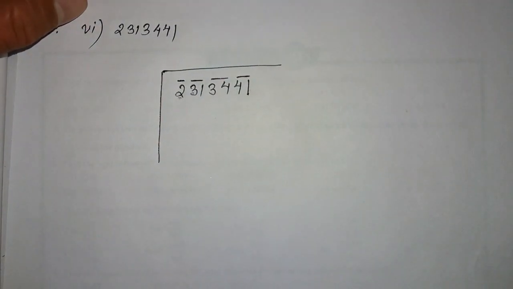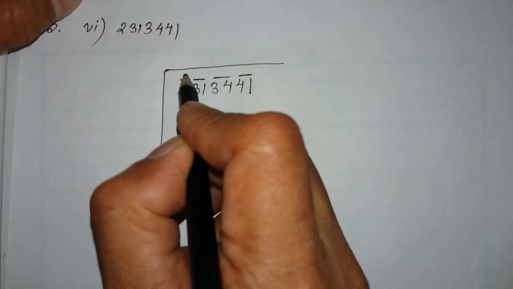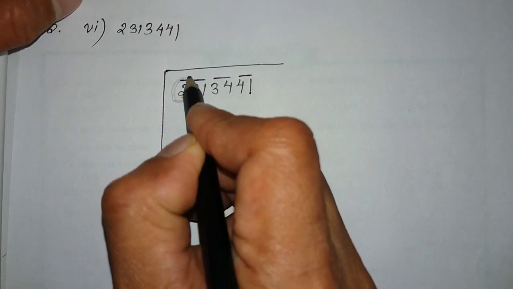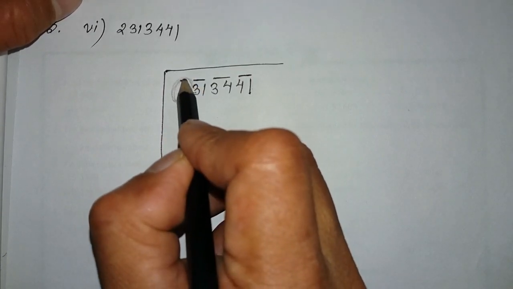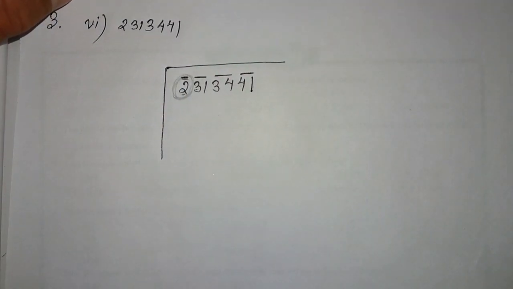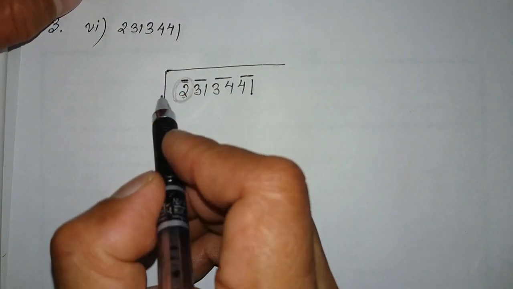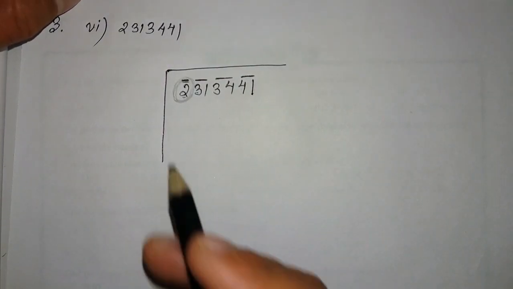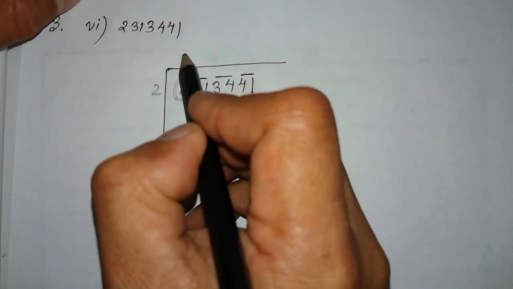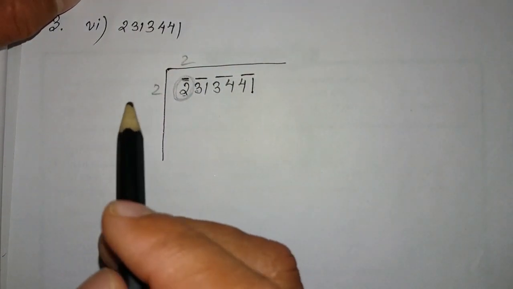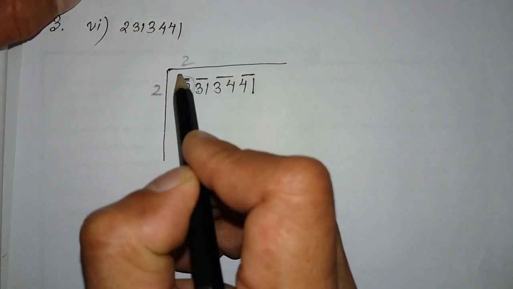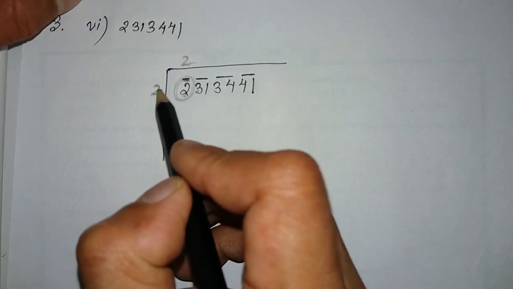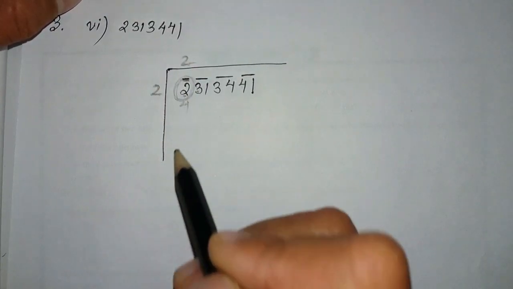Now in the next step, you will consider the number below the first bar. So we have 2. After that, you have to think of a number to write here. Now if I write here 2, then I have to write here 2. Whatever you write here, you have to write the same number here too. So if I write 2, then 2 2s are 4. This is too big already.